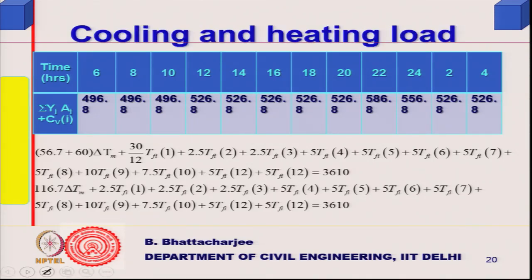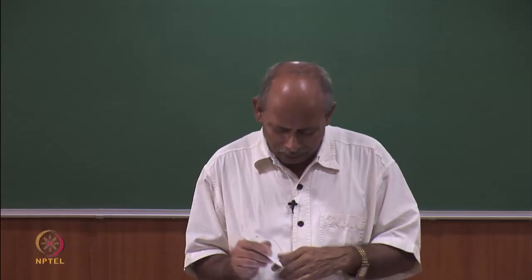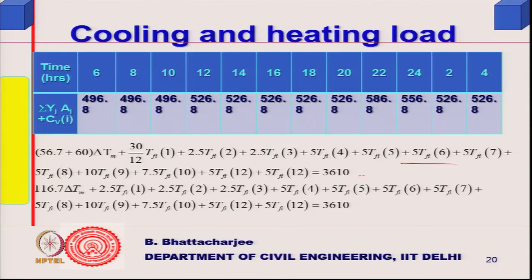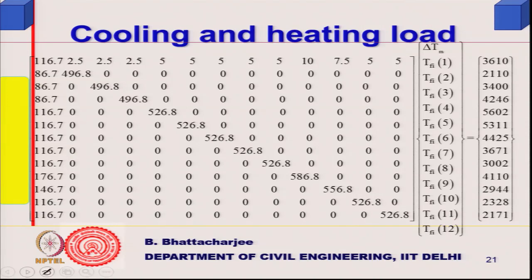You have to do it yourself, otherwise you won't get it, because it's impossible to do the whole thing here in a class, especially a class of this level. So finally the 25 equations turn out to be something of this kind. Some of those equations I am just showing, and the 25 by 25 matrix looks like this.